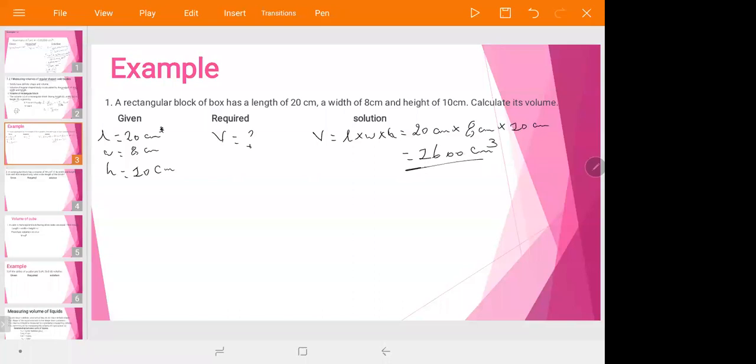Have you seen? The volume of our rectangular block is 1,600 centimeter cube.